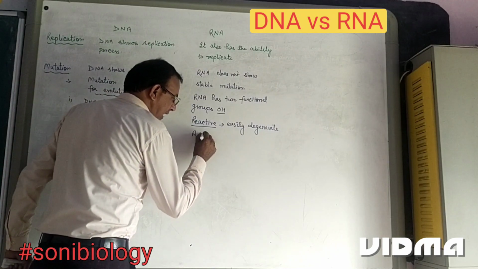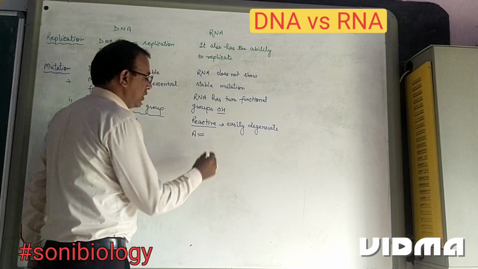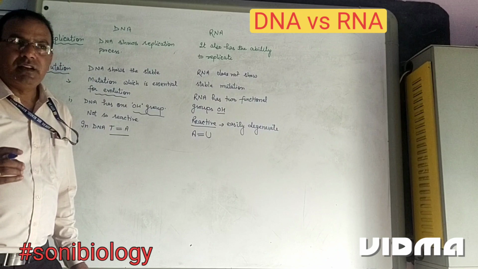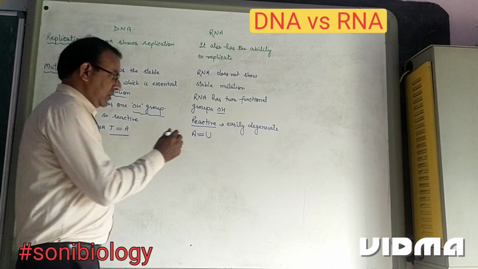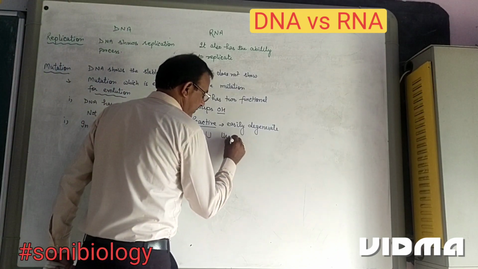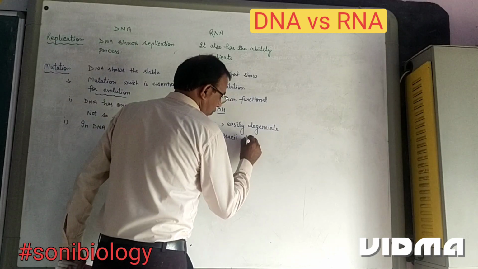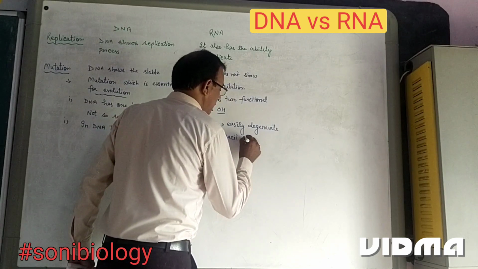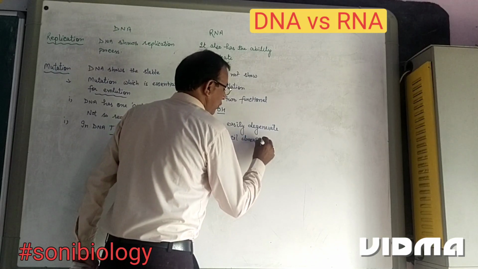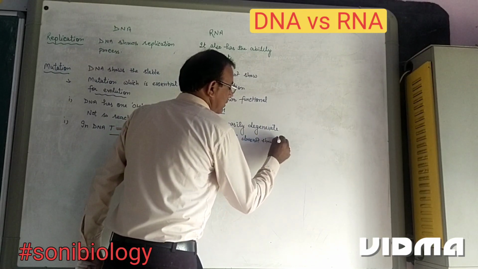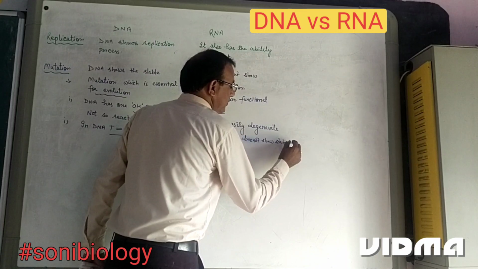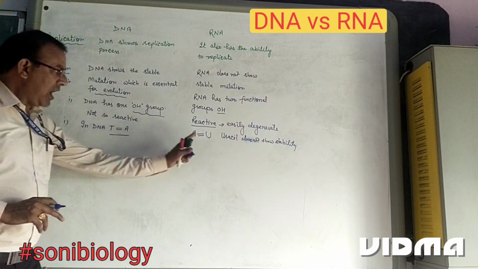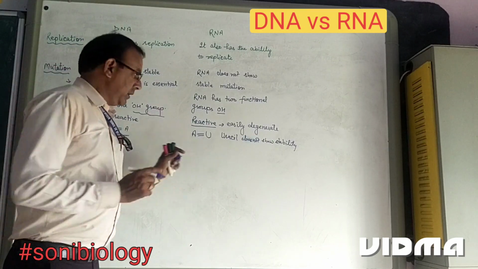It means adenine bonds with two hydrogen bonds to uracil. And uracil is not stable, it doesn't show stability as thymine does.